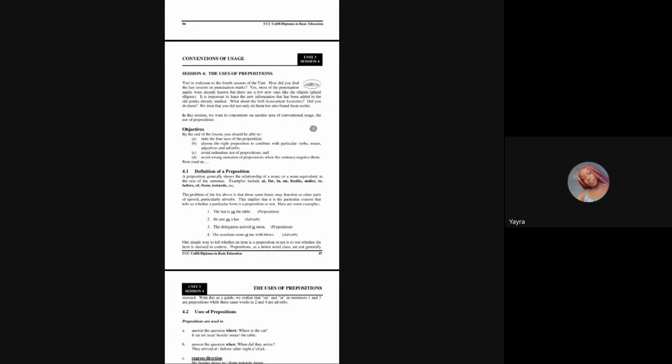Most of the times, when the preposition answers questions like how, what, when, which are questions that go with adverbs, it is no more acting as a preposition, but then it is acting as an adverb.